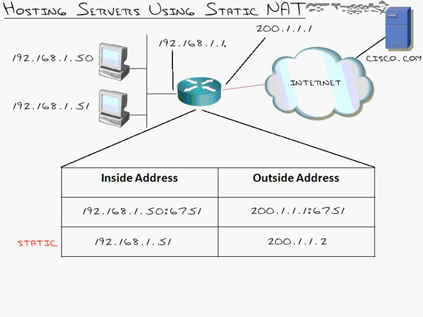So we have to use static NAT to map public IP addresses here to private ones. So when somebody wants to access, maybe we have an internal web server running at our company, we can forward that request into the internal web server and allow people to access it. That's known as a static NAT mapping. So here's the idea.